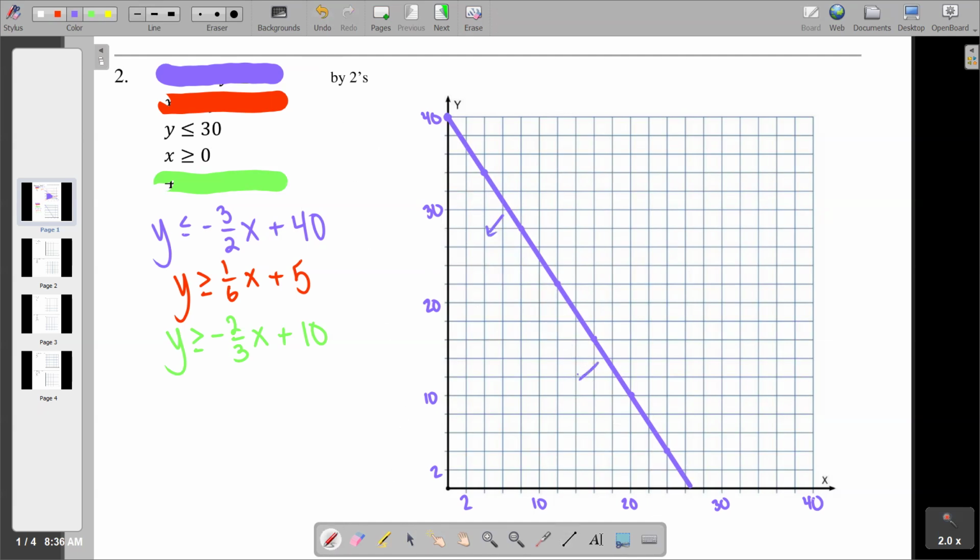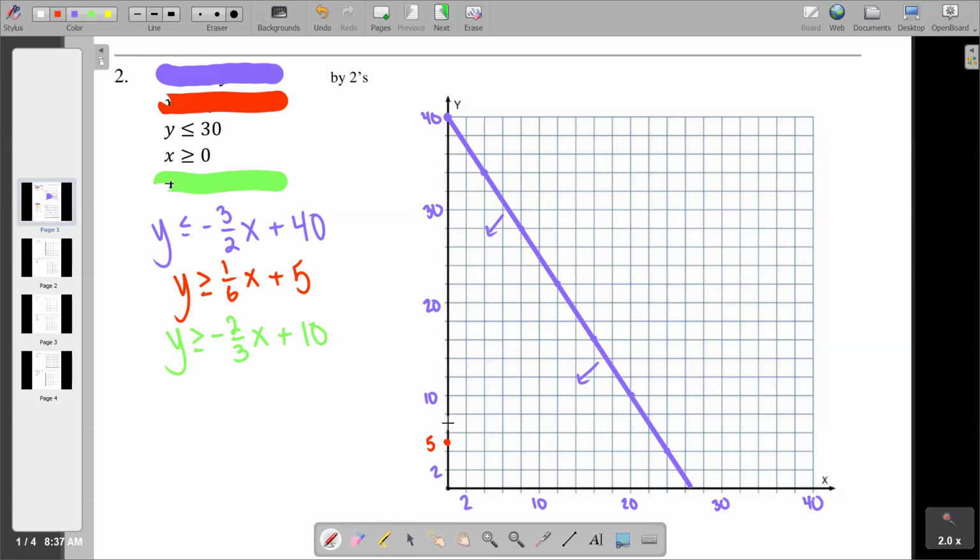Second one. So this one, you just kind of have to guesstimate where 5 is. It's halfway between 4 and 6. So that is 5. And I like to number it for anyone reading my graph like that. And then the slope should be up 1, right 6. So we're on a tweener, so we're going to stay on a tweener. We're going to go up 1.